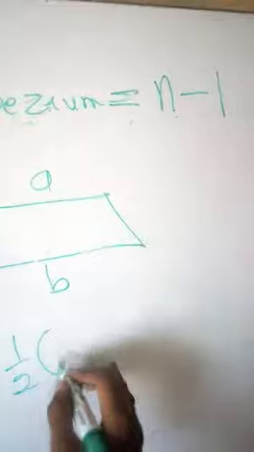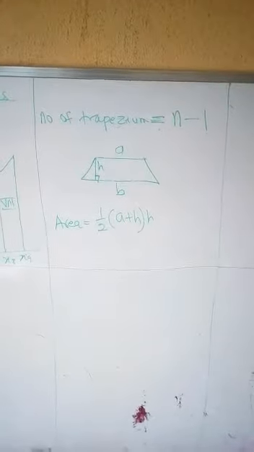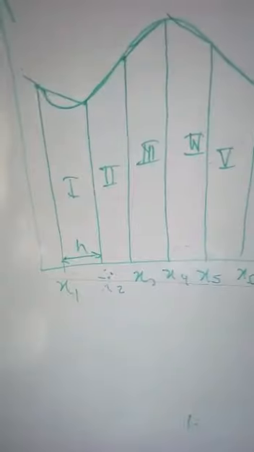On each side here, the vertical lines are like the parallel sides, while the interval between the x values is the height. The distance from here to here is like A. The distance from here to here is like B.